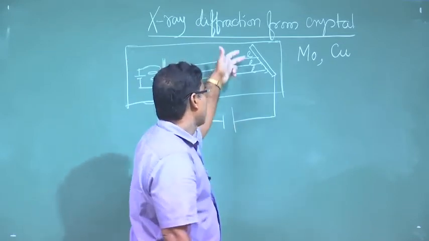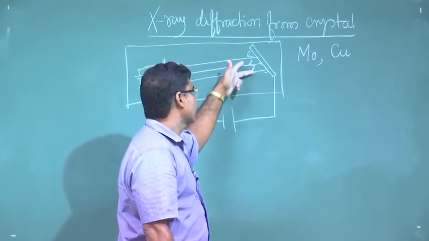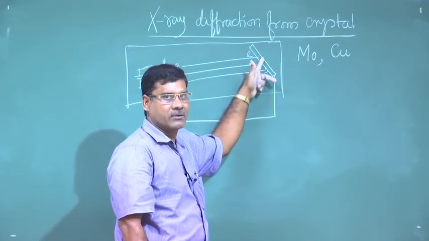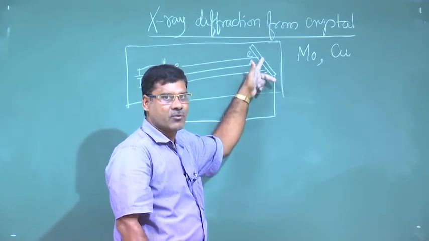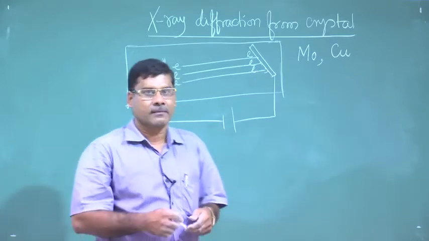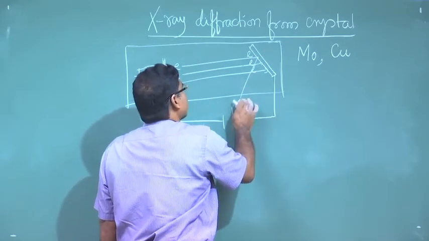So, when this charged particle penetrates the target anode, it will be decelerated, it will lose energy and that energy will come out as electromagnetic radiation, okay.